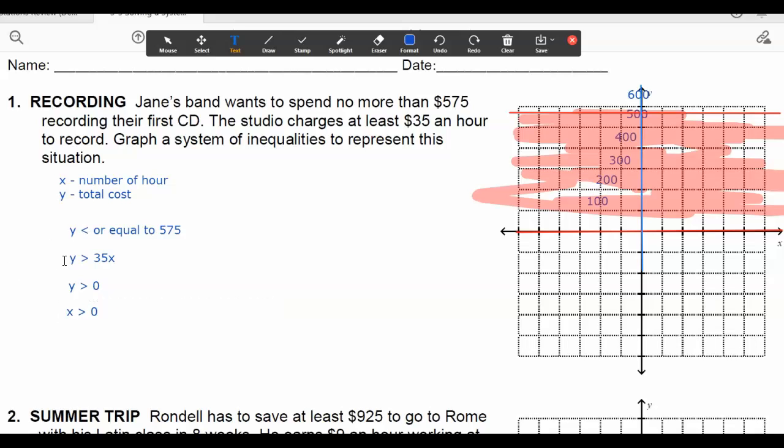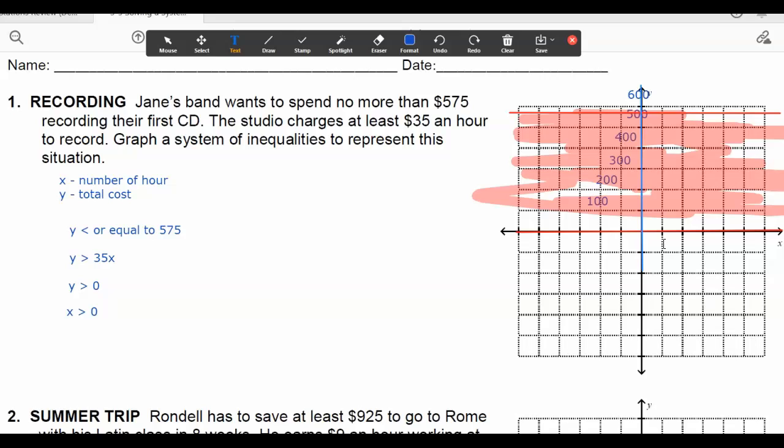And then it's also going to follow my slope. So that's y is greater than 35x. So I would take that 575 and divide it by 35 and get 16.5. So what that tells me is I need my x's to go out probably to about 20.